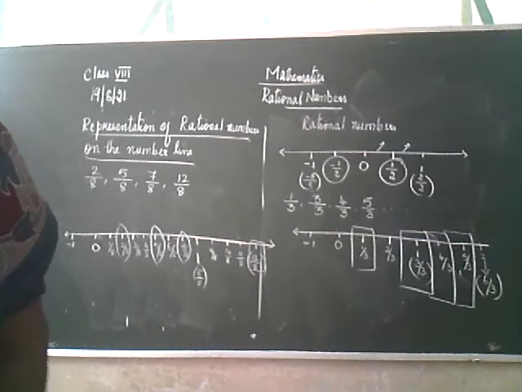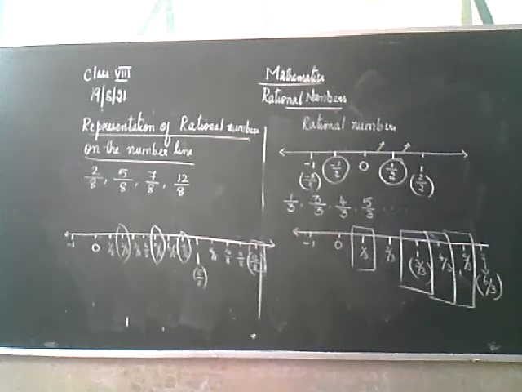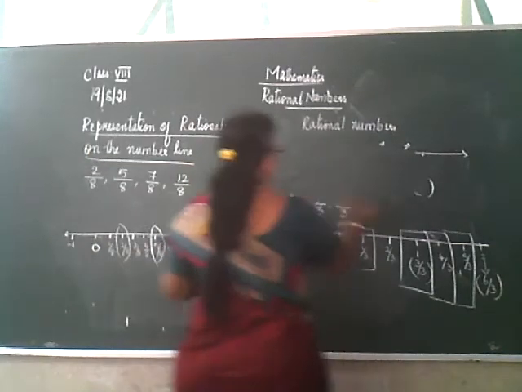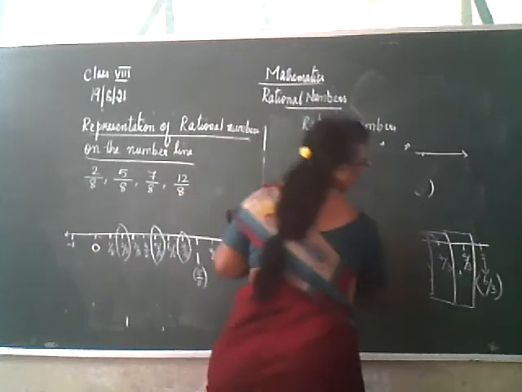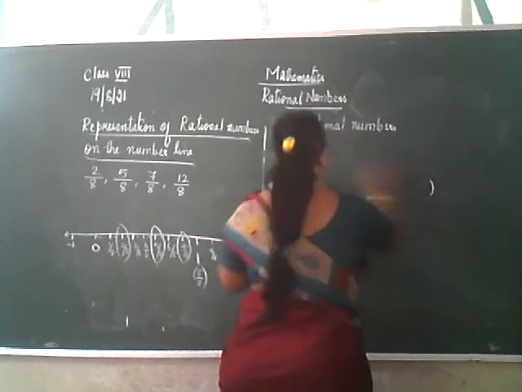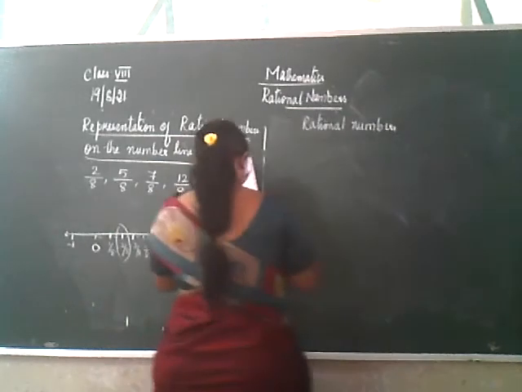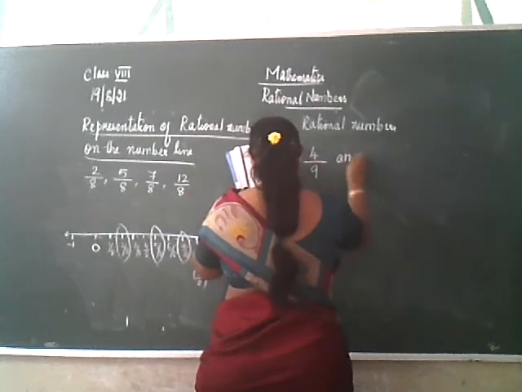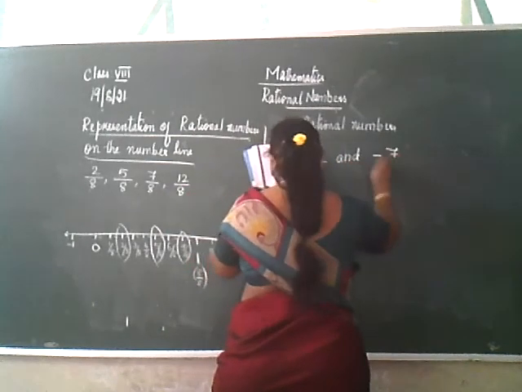Okay? Yes. Similarly, show the rational numbers four by 9 and minus 7 by 4 on the number line.